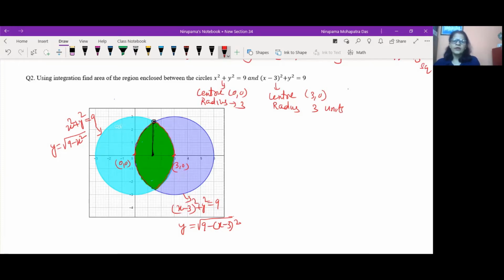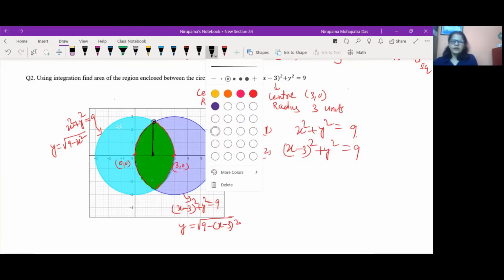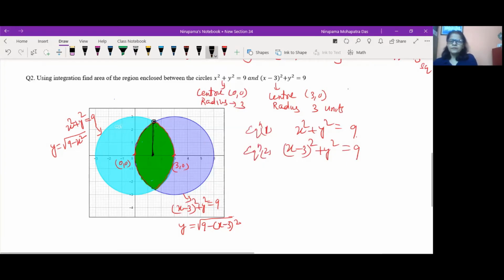So getting the limits of integration will help us find for what value of x this vertical line is drawn. Equation 1 is x square plus y square equal to 9. Equation 2 is (x minus 3) whole square plus y square equal to 9. So let's solve the two equations. From 1, we have y square equal to 9 minus x square.